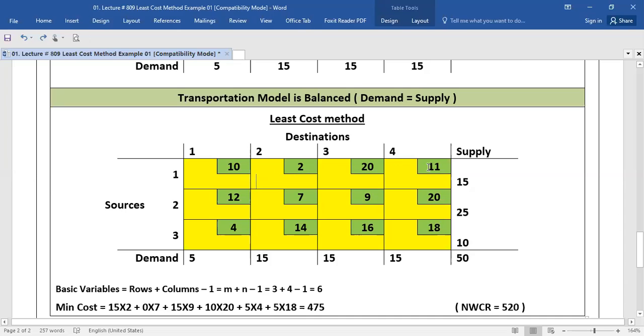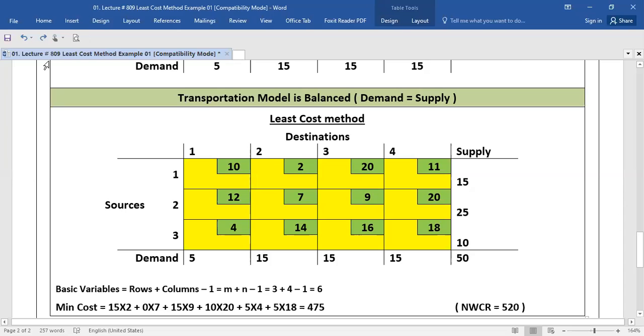Here we see that on both sides the supply and demand are the same, so they make their allocation simultaneously. I told you in my previous lecture what to do when source and destination have the same value. We allocate the minimum, and both are equal, so we allocate 15.